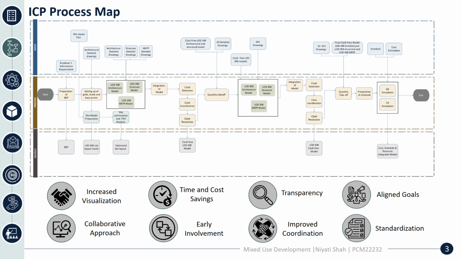Again, clash detection and clash resolution were done. Then quantity takeoff was done for the LOD 400 models and LOD 300 MEPF models. After that, 4D and 5D simulation was done, and we came to understand the advantages of this process map at the end of the studio.